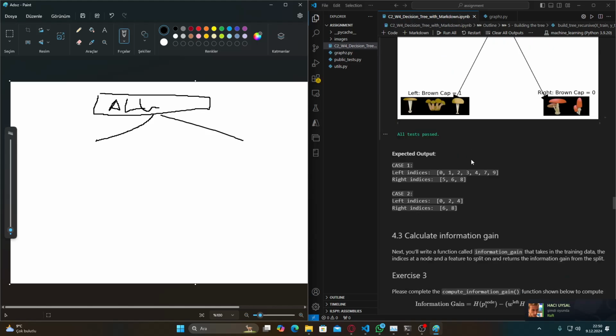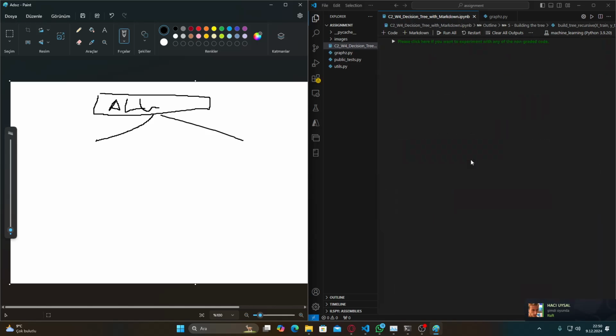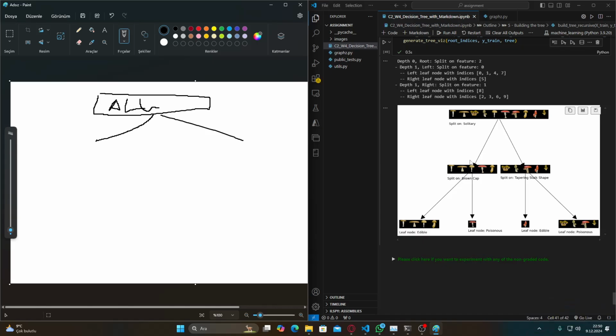Okay, the left side, about not brown cap, we are dividing by solidity. I can say it like this: solidity, and if it is 1 and 0 here, if it is solidity 1, I mean if it is edible, it's on the left side. If it is not edible, on the right side.